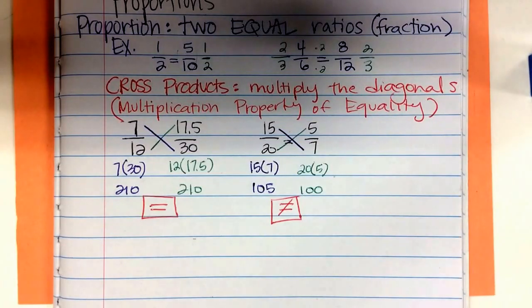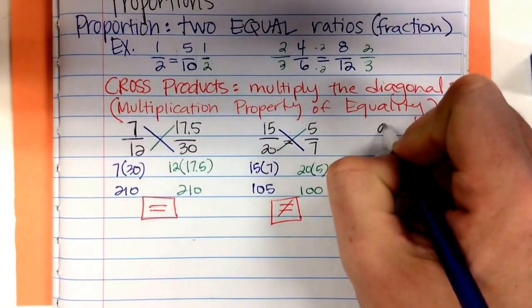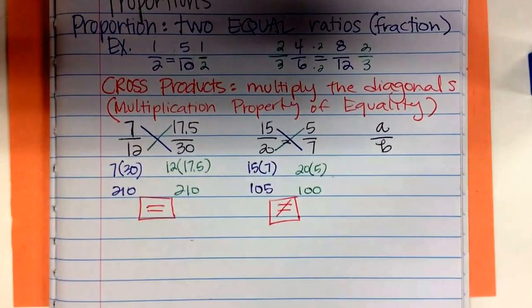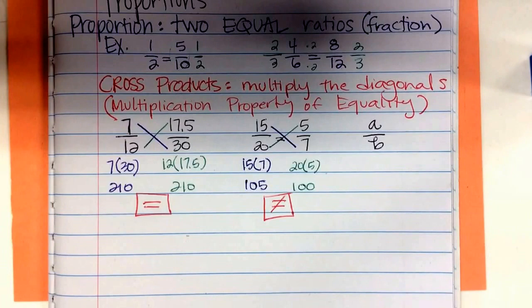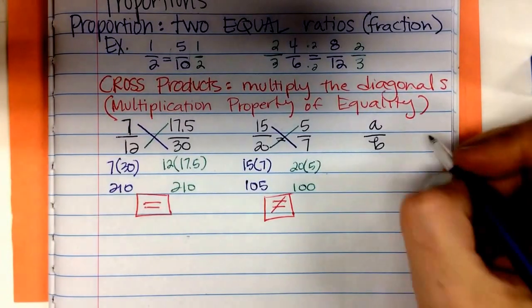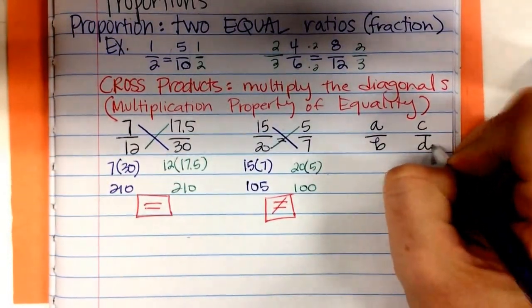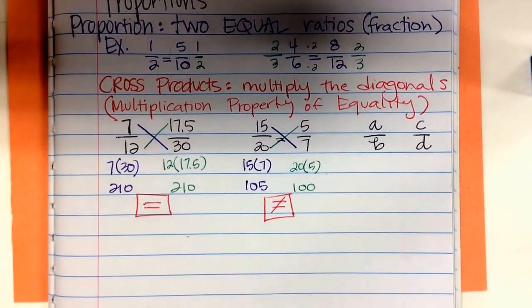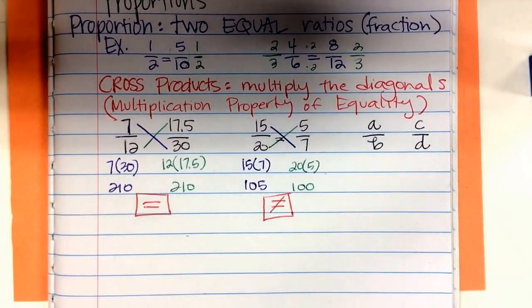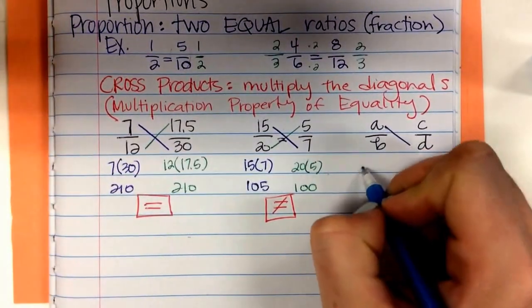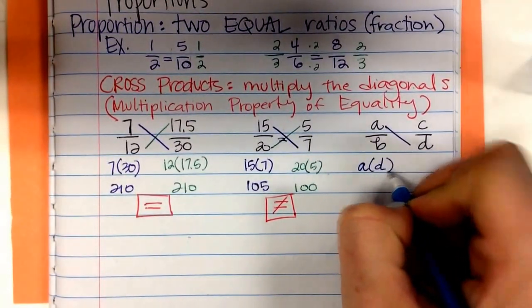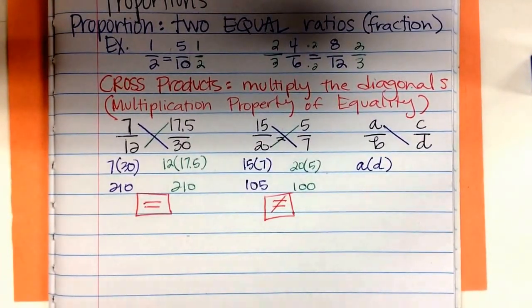Let's write the algebra of this. If your first fraction was a over b, and your second fraction was c over d, what would you do? You're going to multiply what times what? You're going to multiply a times d, whatever those numbers are.